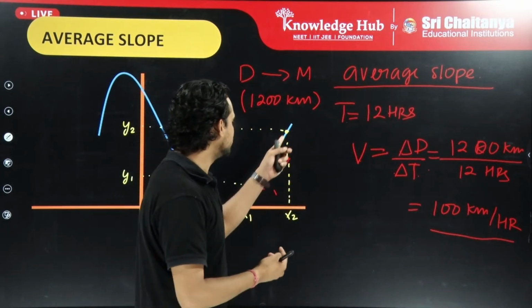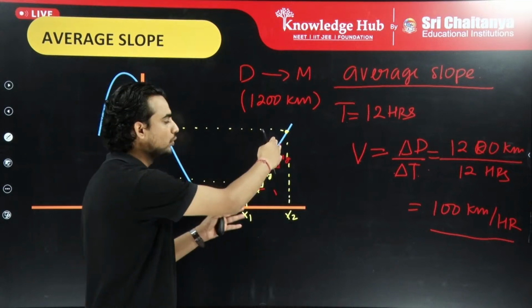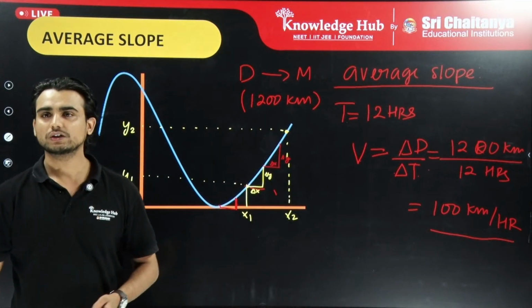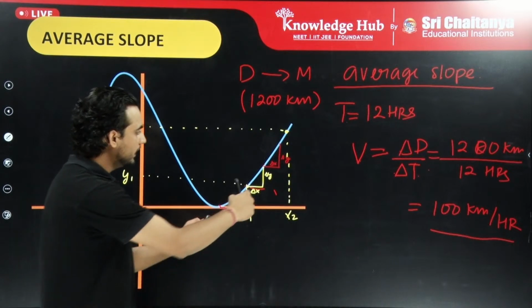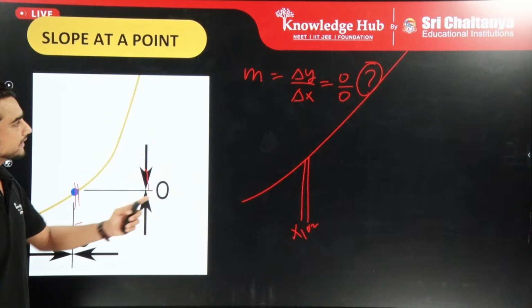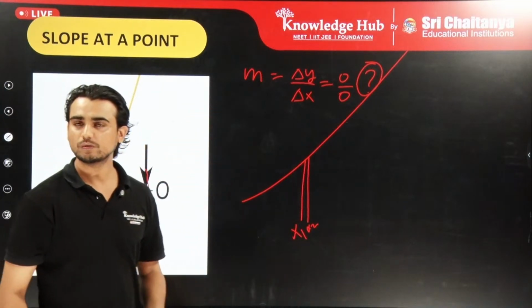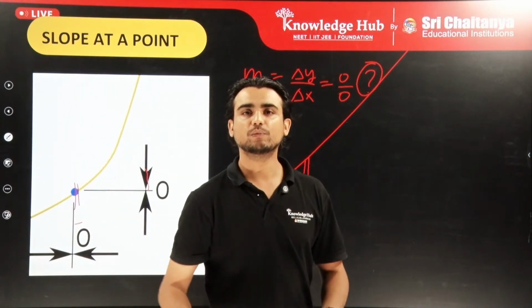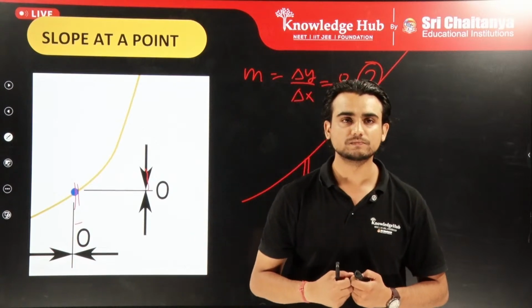So if the slope is changing every time, we define an average slope. Now the third, what did I do? I took the points x1 and x2 very close to each other. In that case, delta y and delta x both were 0. So if delta x and delta y both are 0, I cannot define a slope.